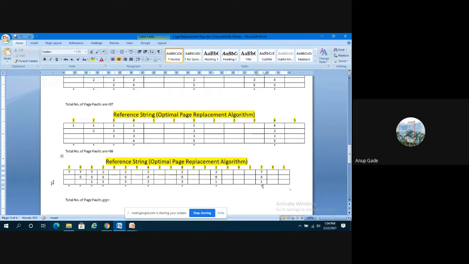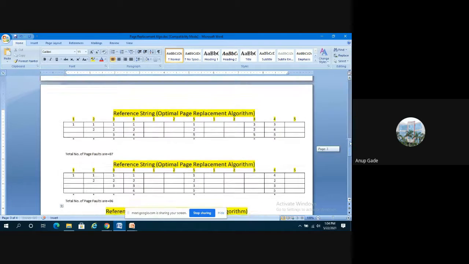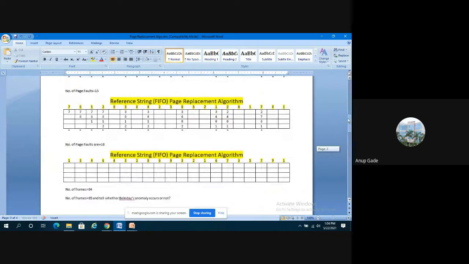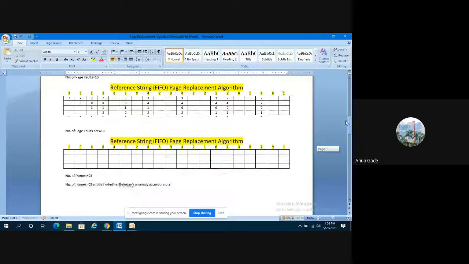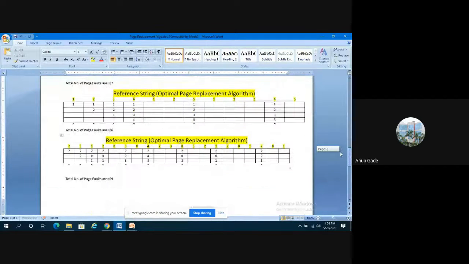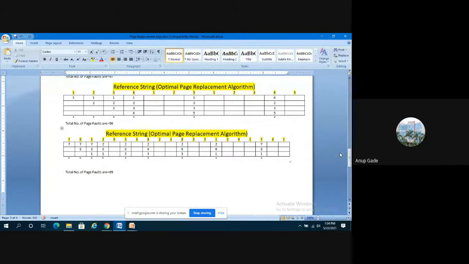So the total number of page faults is 1, 2, 3, 4, 5, 6, 7, 8, 9. So everybody got the same number of page faults, 9. As compared to the earlier one, earlier in FIFO 15 page faults occurred, whereas in the optimal page replacement algorithm only 9 page faults occurred. So this is better than the earlier one.